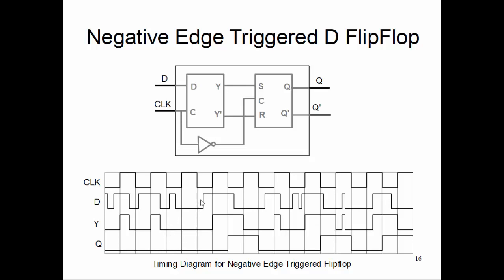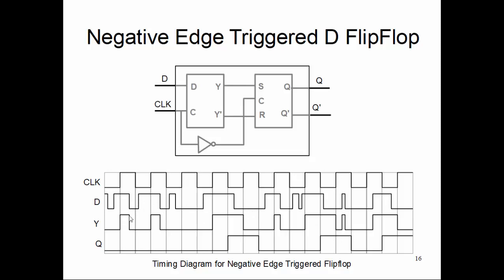Then at some point of time D goes down, but at that point your CLK is low, so your Y also stays high because that value is not transferred. So you can follow through why Y is not following D exactly. It is following for some part and not for other parts. It really depends on when the clock is on or off, right?